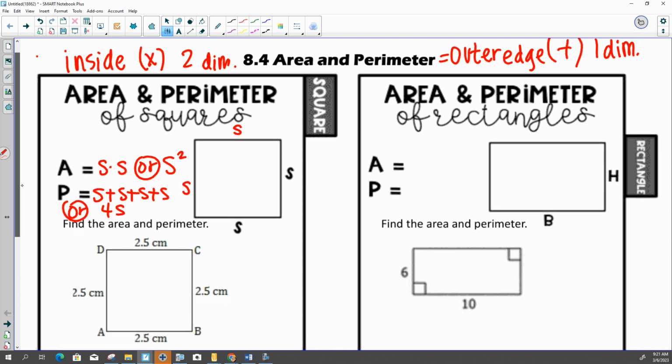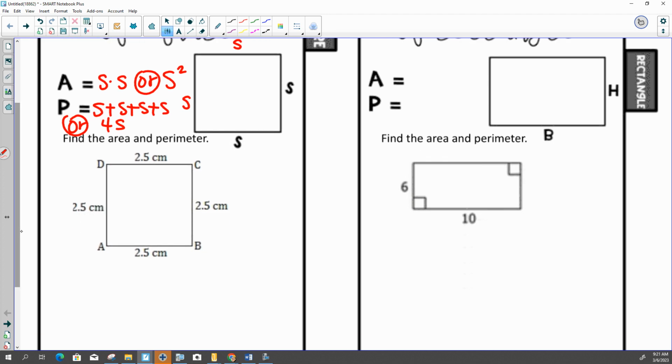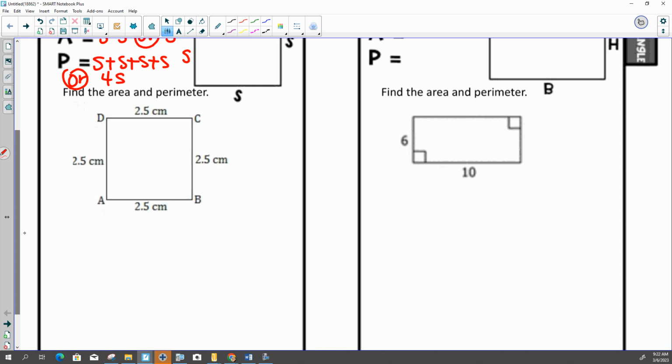Okay, looking down at this example, it says to find the area and the perimeter. So capital A represents area, and the capital P represents perimeter. So we're going to do base times height, side times side. If you don't have a calculator, you might want one.